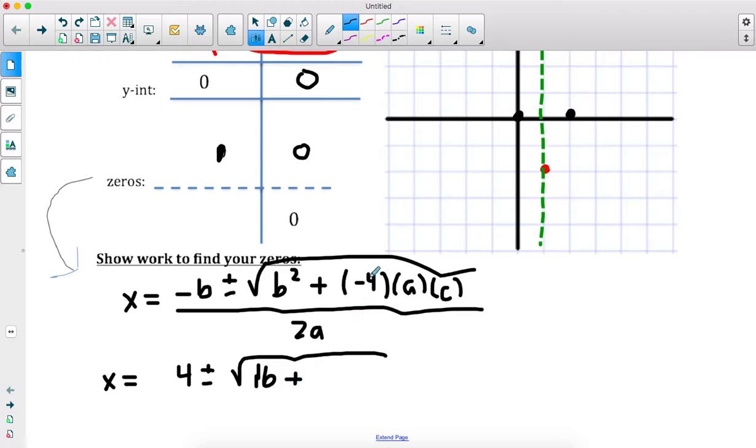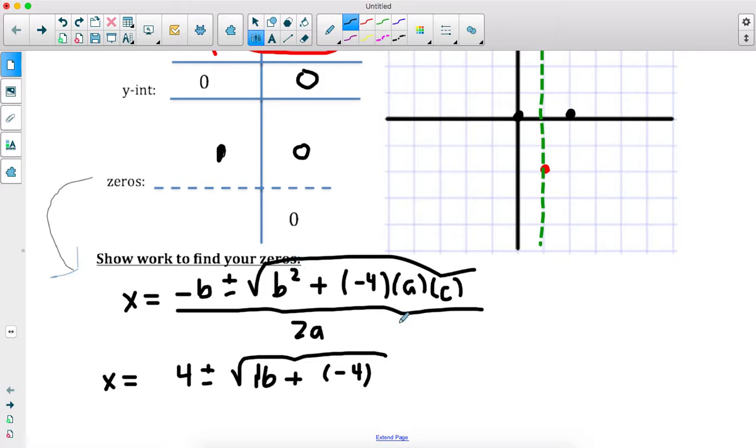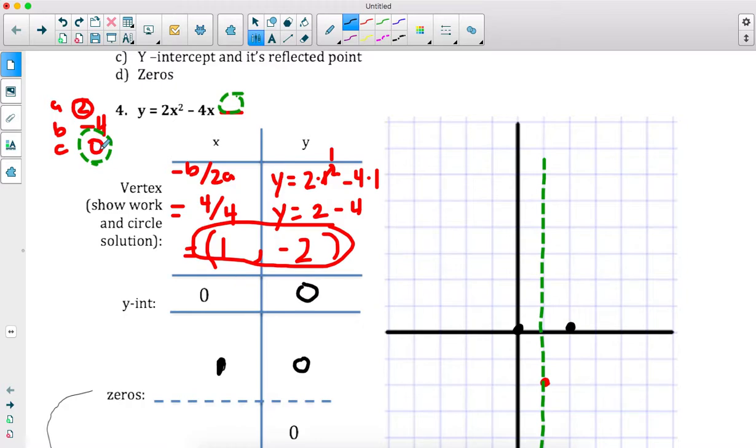Then minus 4 times a, which was 2, and c, which was 0. So times 2 times 0. Well, this is kind of an easy one because the 0 times any of that is going to make it cancel. And it'll be all over 2 times a.